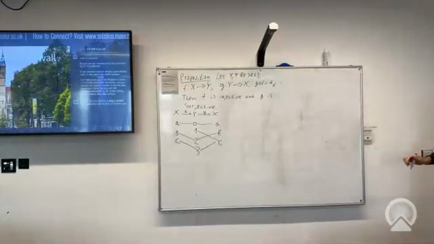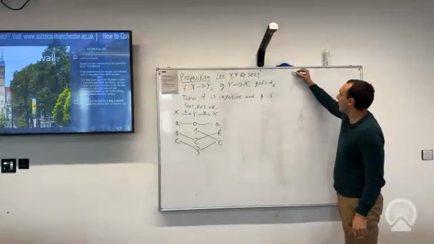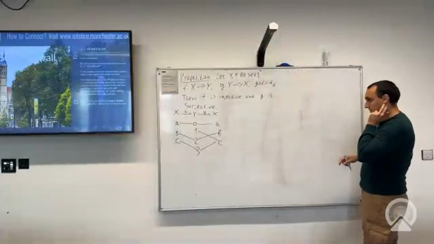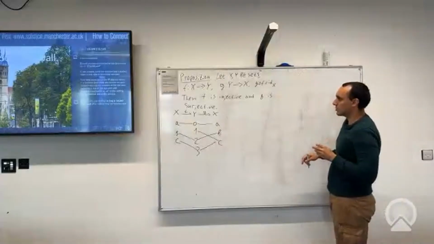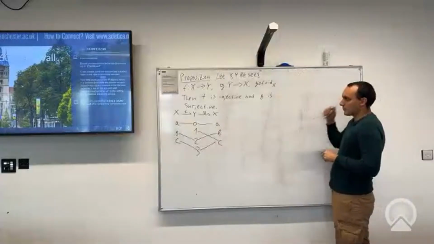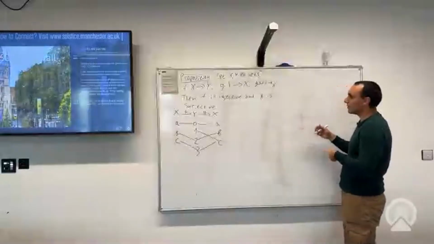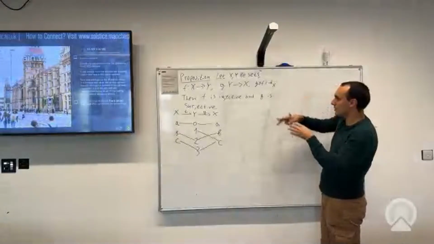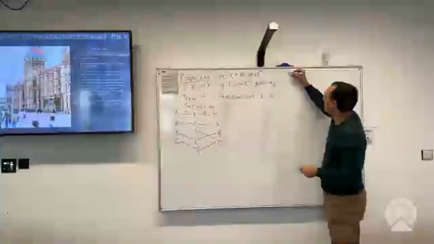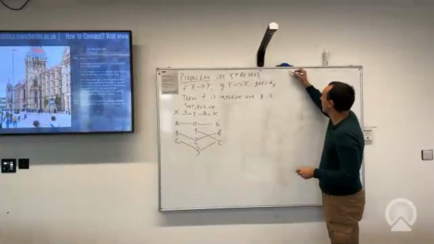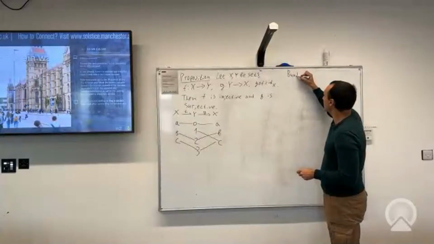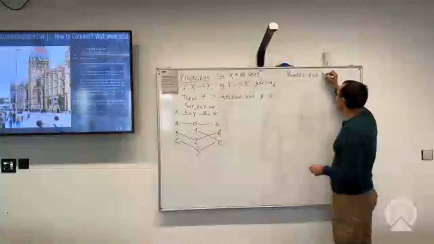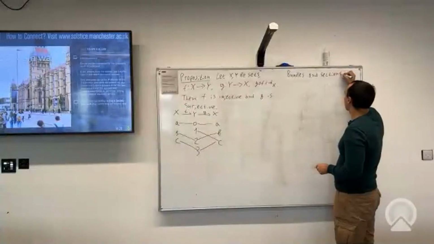Now comes something very interesting. Injections and surjections can have an interpretation as bundles. Usually bundles in geometry have more structure, but even without structure, we can have very interesting interpretations. So, bundles and sections interpreted.